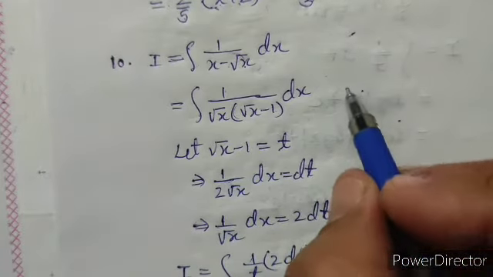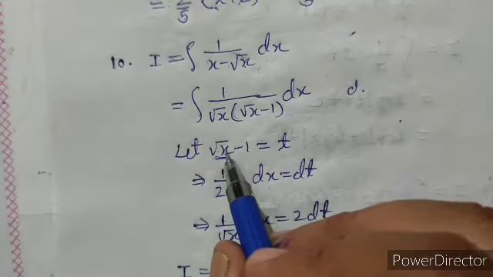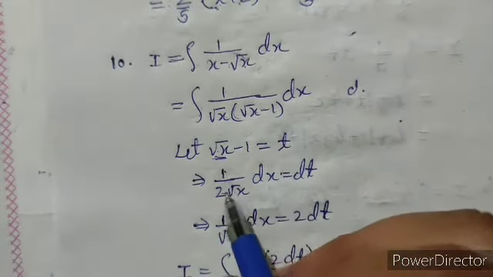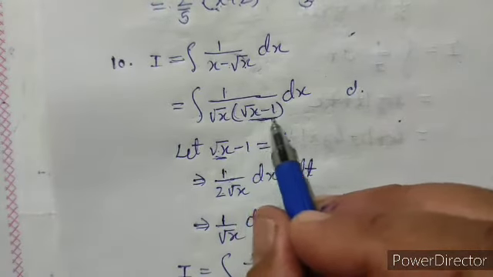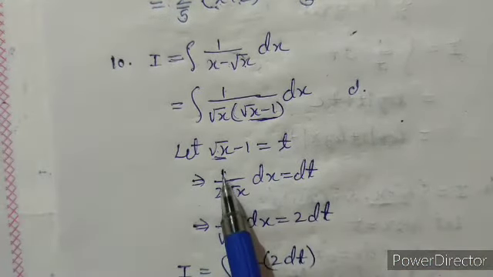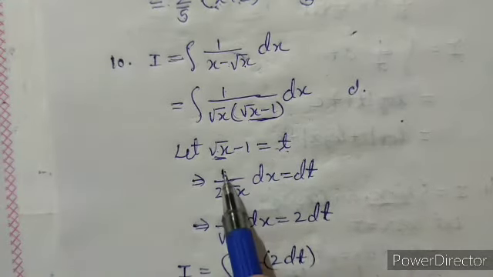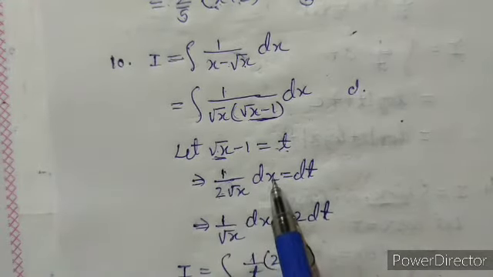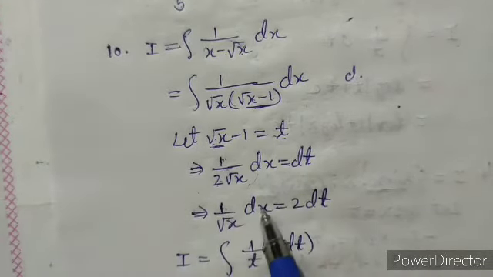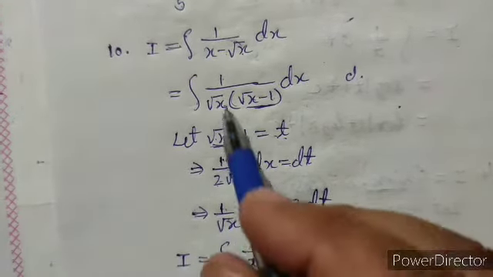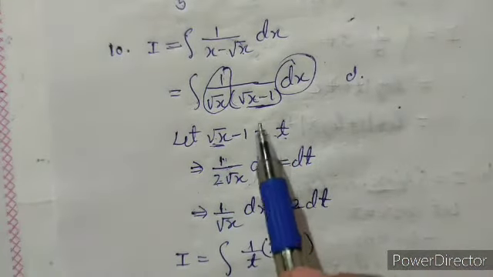Now the derivative of root x minus 1 is equal to 1 upon 2 root x dx, so we will take root x minus 1 as t, and on differentiating both sides, this will give us 1 upon 2 root x dx equal to dt, or we can say 1 upon root x dx equal to 2 dt.